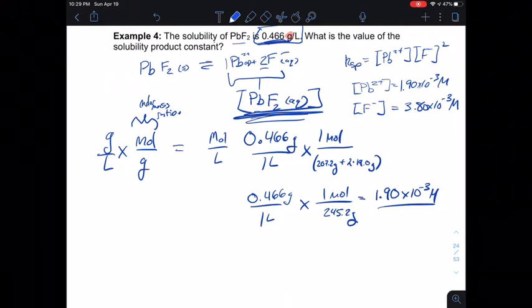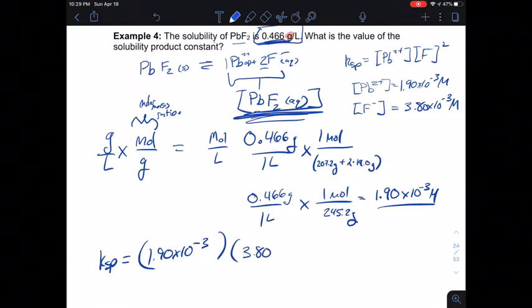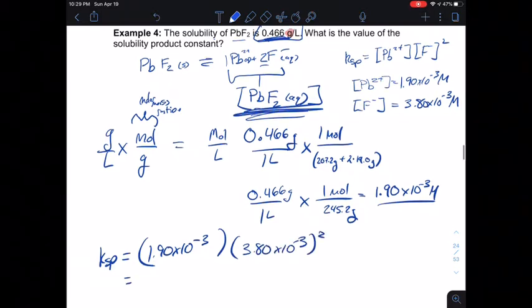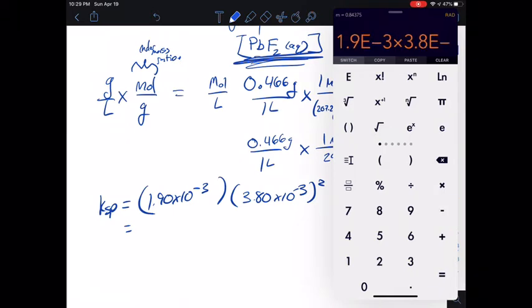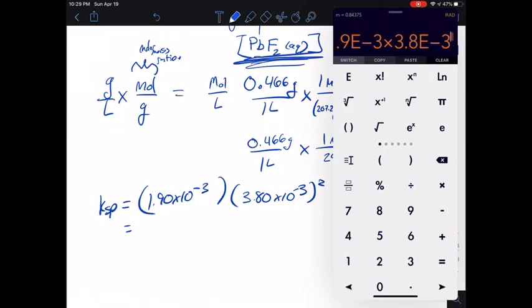Okay, so I'm going to take that and run with it. I'm going to find my Ksp by punching in that equation: 1.90 times 10 to the negative 3 times 3.80 times 10 to the negative 3, squared. That is 1.9 e negative 3 times 3.8 e negative 3, raised to the power of 2.